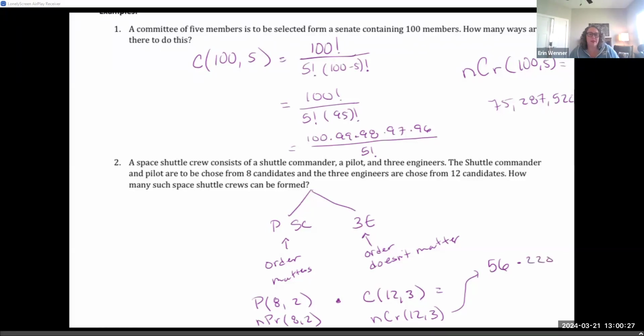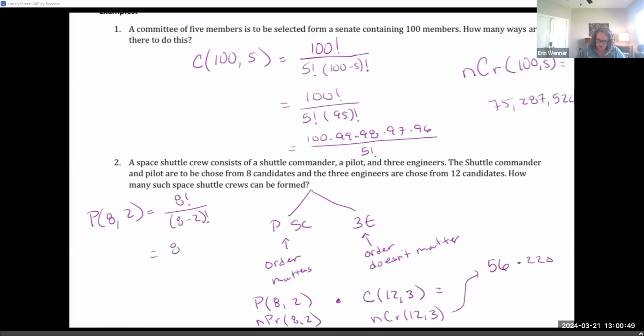If you were to do this by hand, we think about the permutation of 8 items taken 2 at a time, which would be 8 factorial over 8 minus 2 factorial, which would be 8 factorial over 6 factorial.